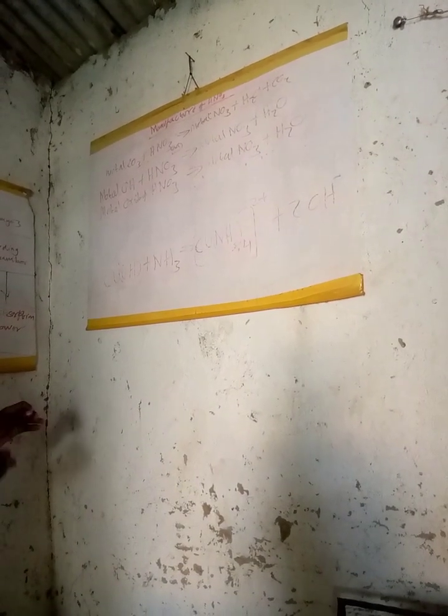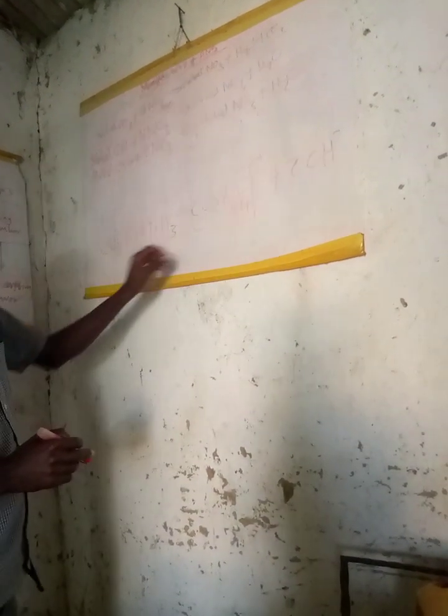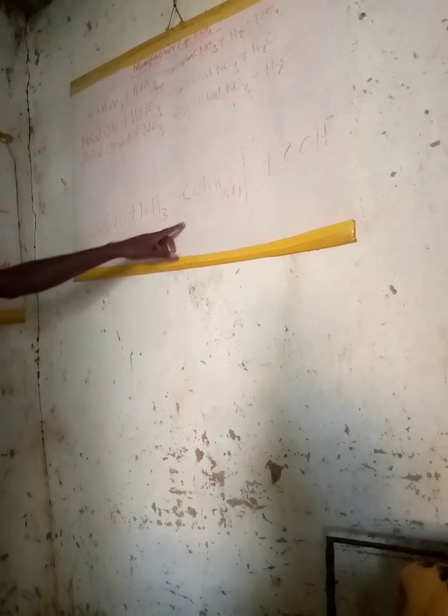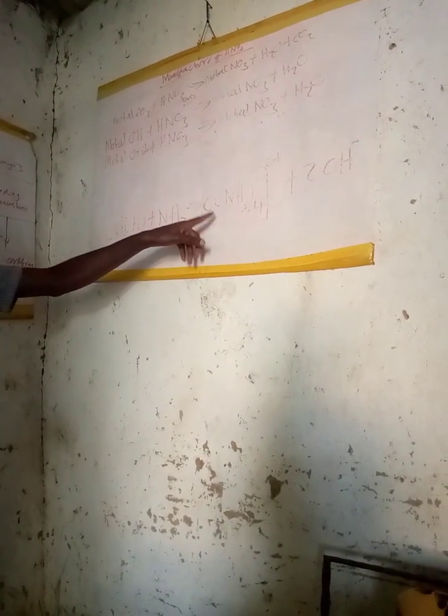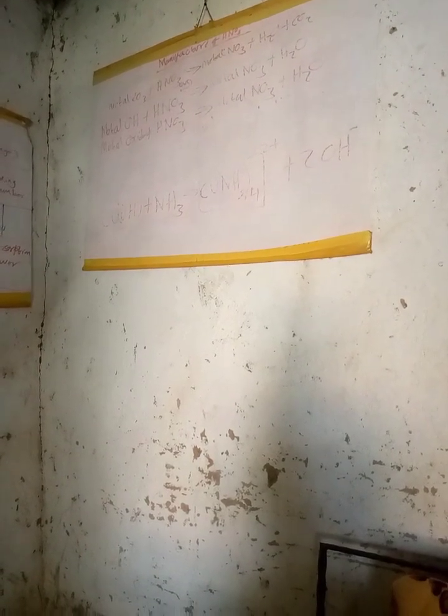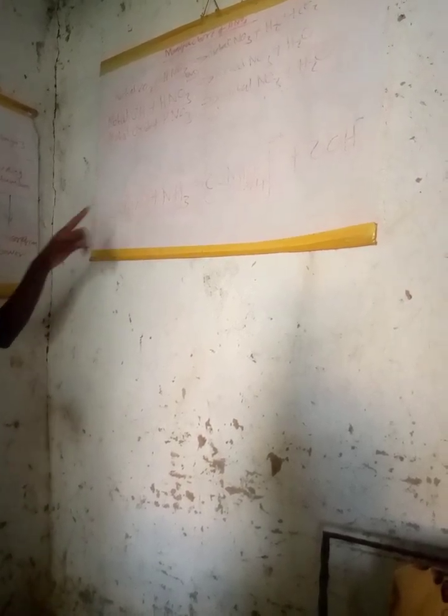Here is what the examiner was trying to test: if the student knows how to write this complex compound. The same compound type will be formed when you replace copper with zinc.